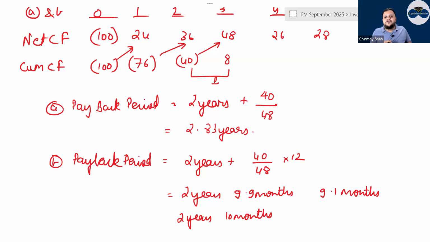Then there is round down, where 9.1 or 9.9 will always be 9. And there is rounding up, which says 9.1 or 9.01 will be taken as 10. Logically speaking, round up is applied here. So even if it was 9.1 months, you would write 10 months.